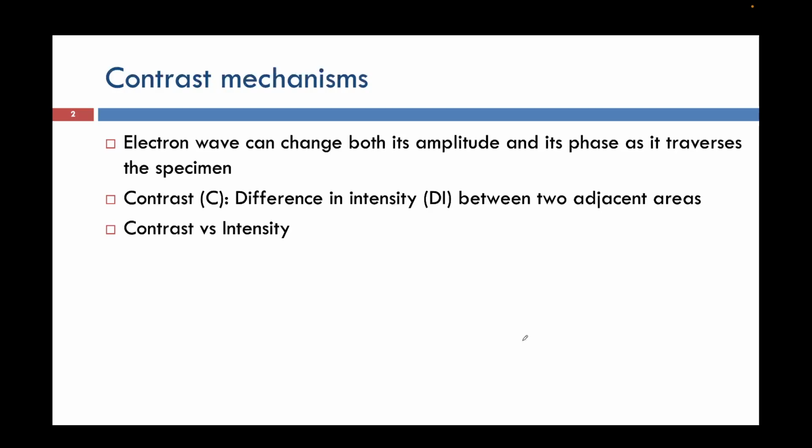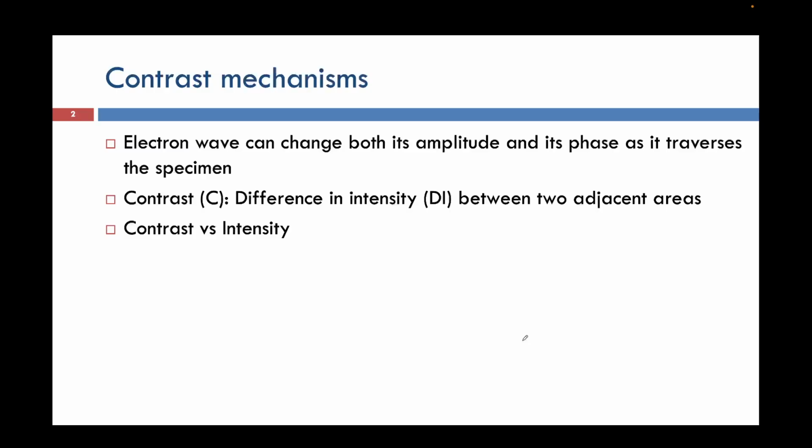Due to those contrast mechanisms we see a difference in contrast, so we have to know the contrast mechanism to correctly interpret the image. And why do we have to see the contrast mechanism?